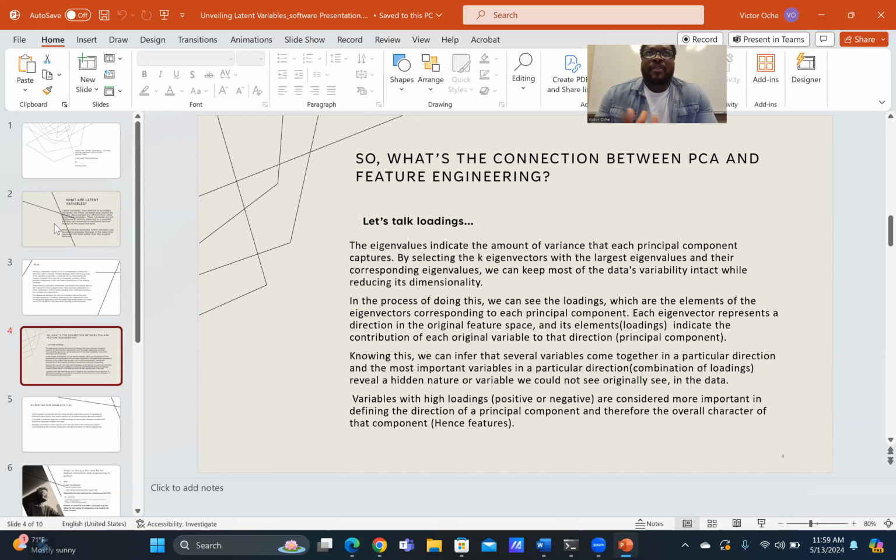As a result, this reveals a hidden characteristic of the variables that we did not see, because now it's in a different direction. Basically, that's what we're saying. Now, the variables with high loadings, positive or negative, are considered more important in defining the direction of a principal component, and therefore the overall character of that component creates the features.